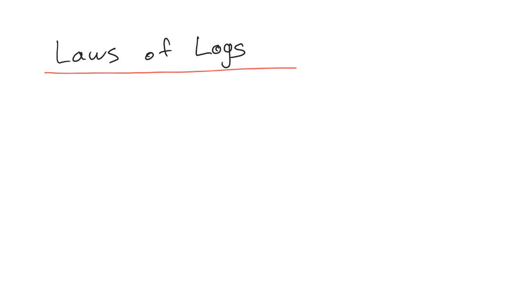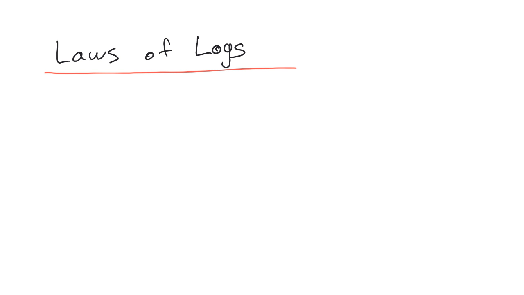So now we're going to talk about the laws of logarithms. So when we talk about the laws of logarithms, we need to address the multiplication and what that means, and then the division and what that means.